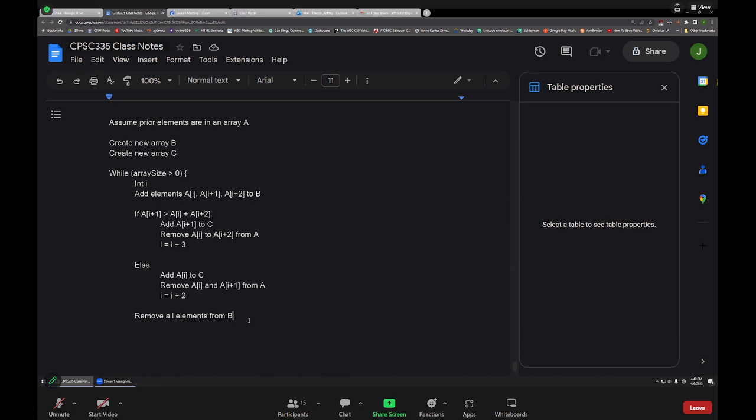Right. But the point of this is to move forward through the array, starting with the first 3 elements. Can you go one element at a time? Because for any given element, you have to know the value of the next element to know whether you should include it or not, right?